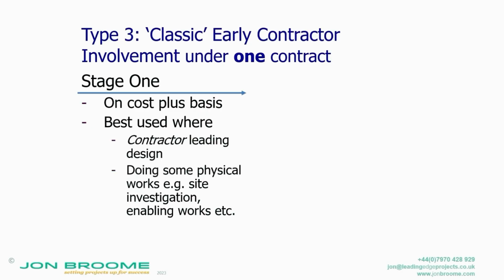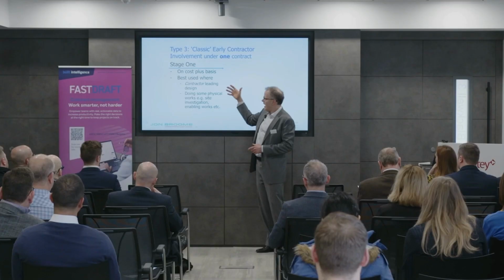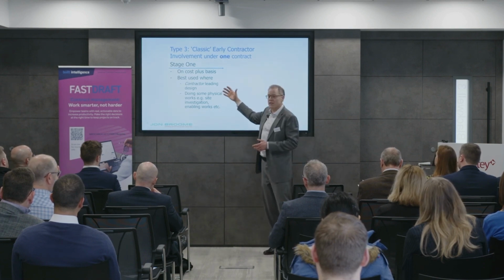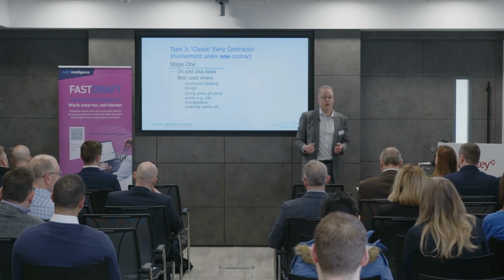So, type 3 is the classic early contractor involvement, which has been around for a fair amount of time. Stage 1 is done on a cost plus basis, with the contractor leading the design, often with the designer as a subcontractor. And because it's a contract for works, it means that physical works can be done on a cost plus basis.